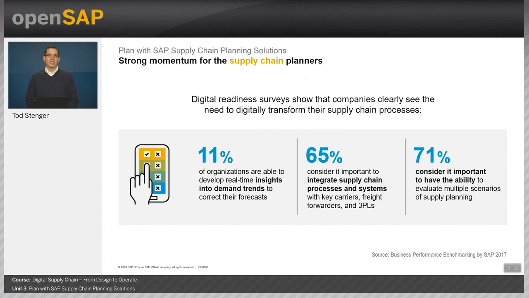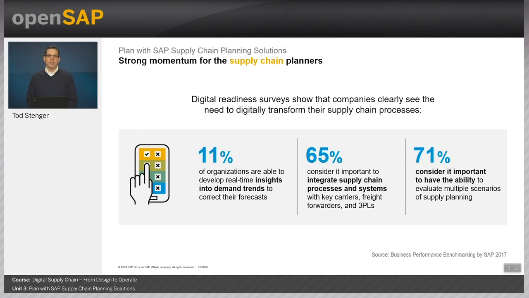There are opportunities in the planning portion of your supply chain. SAP collected some information on digital readiness a couple years ago. Given that only 11% of organizations can develop real-time insights, there's clearly an opportunity to better model the reality of their demand. Similarly, organizations see integrating supply chain with external parties as important.